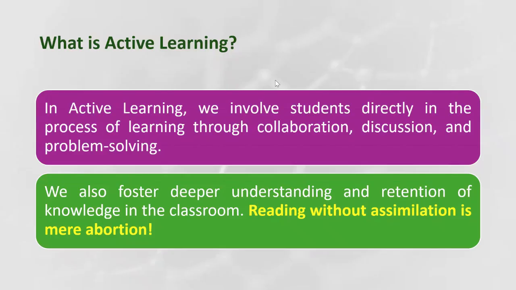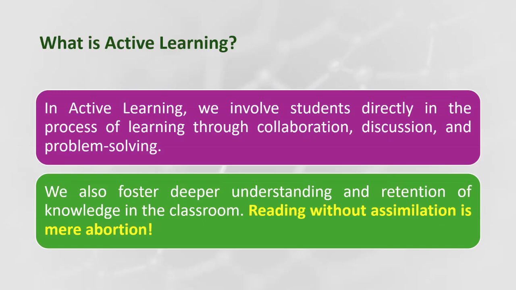Now the question arises, what active learning is? So what really happens in this? In active learning, we involve students directly in the process of learning. And what methods do we use? And how do we do it?